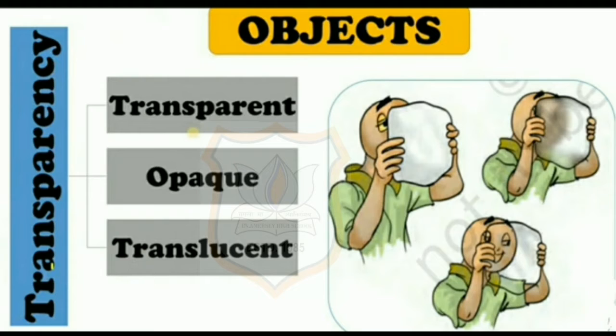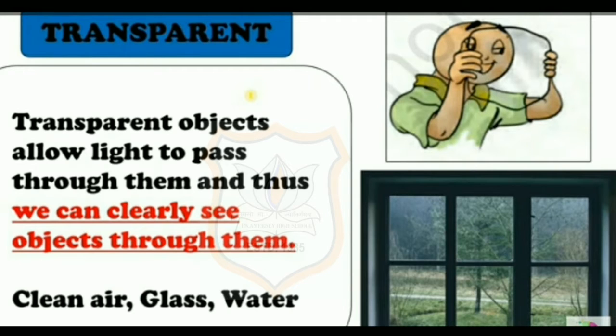So, let us understand the objects transparent, opaque, and translucent. What is transparent? Transparent objects allow light to pass through them and thus we can see objects clearly through them. Clean air, glass, water are some examples of transparent objects.